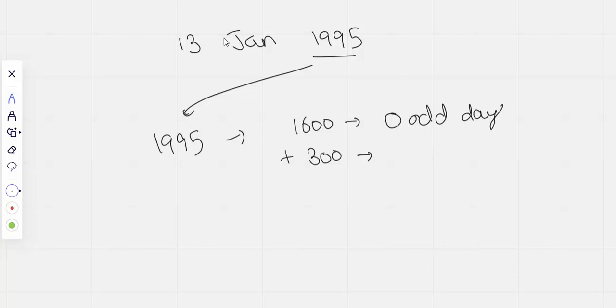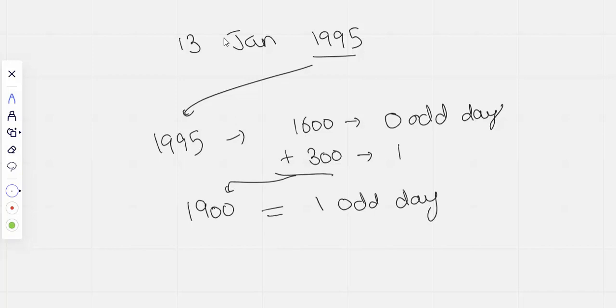Now for 300 years, we already know the number of odd days will be 1. So till 1900, if you combine it, you are getting 1 odd day. Now we have to reach 95.